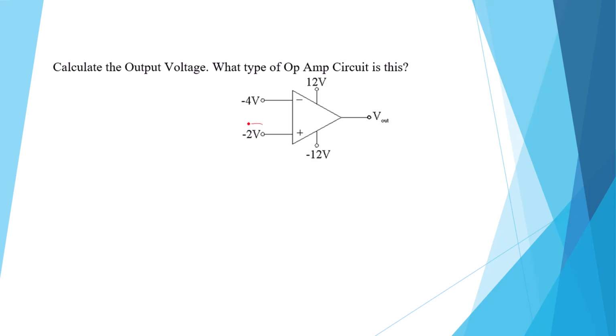So this is actually the greater one, so it's going into the positive rail. So it's going to go to the positive rail, which is 12 volts. We're going to say 90%, 0.9. And that would be simply just the positive rail.